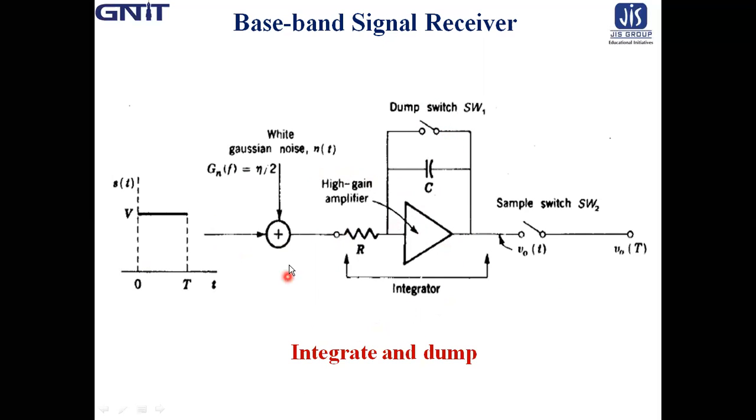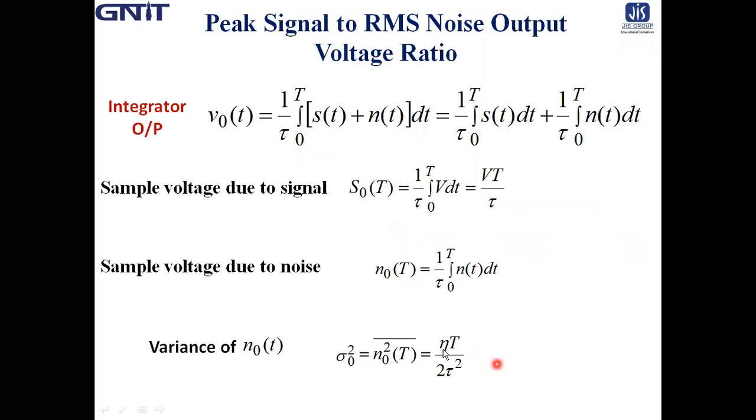So this is the description of how this circuit operates. Now we are going to calculate the peak signal to RMS noise output voltage ratio.